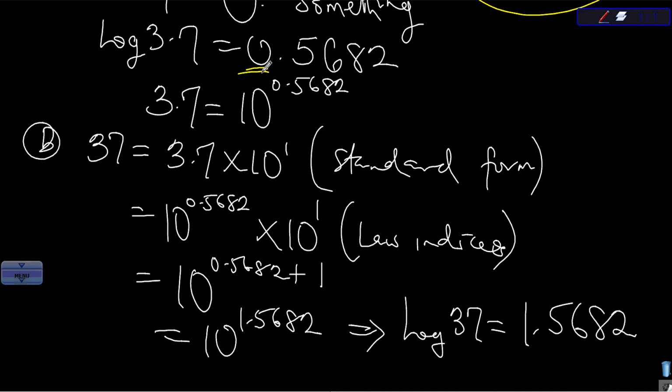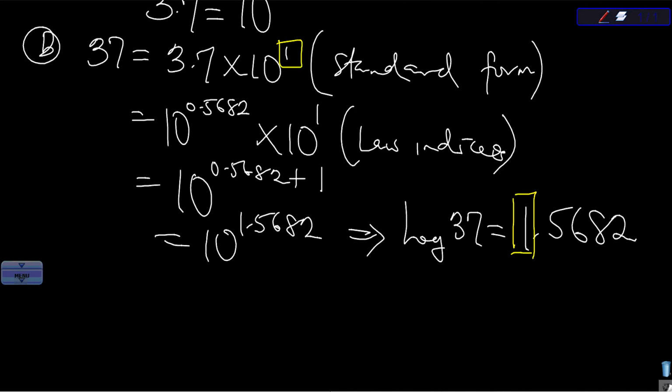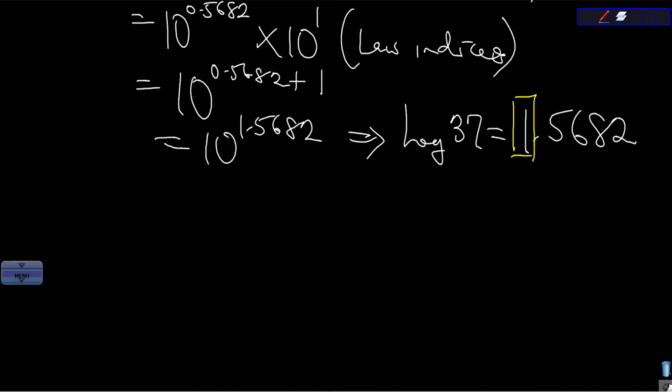And when it is now 37, the power of your standard form is the one that is your whole number part now. So try to be relating all this information together, because they are surely going to be needed in this course of study. Alright, let's now move to something better and stronger.